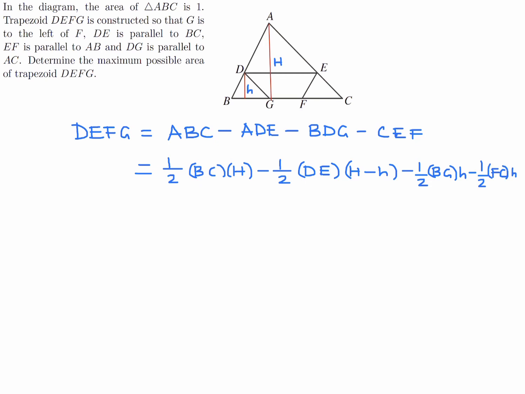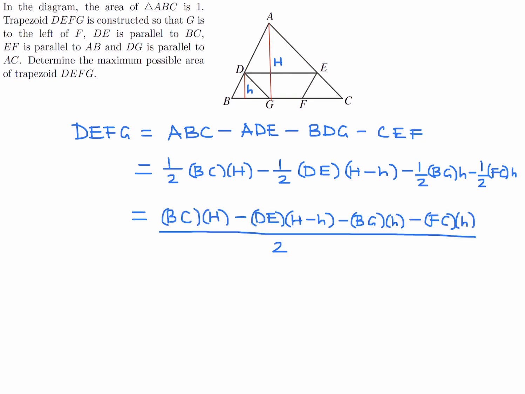Now let's see if I can simplify this. Initially I just put that all over 2. And at this point, there's not much I can do to move forward, so I have to do a few other things before I can come back and work with this more. So the first thing I'd like to do is take advantage of this piece of information, which is the area of triangle ABC is 1. That's going to help me. So on the side, I will write triangle ABC. The area is 1. Well, 1/2 base times height.